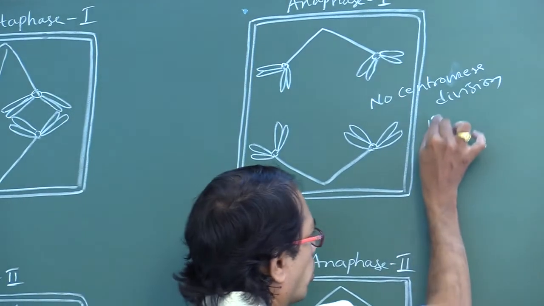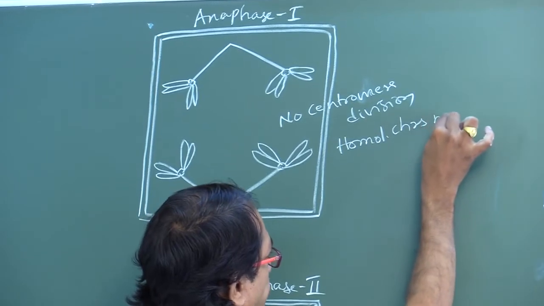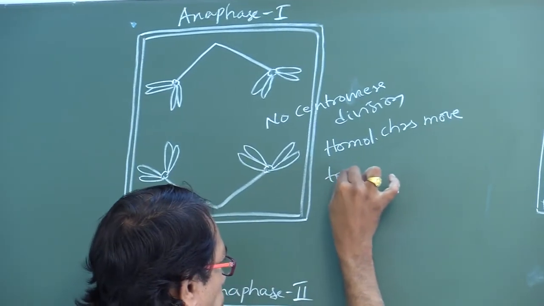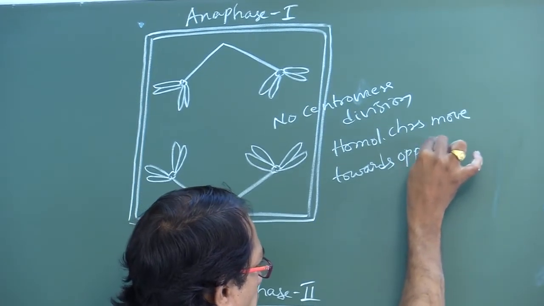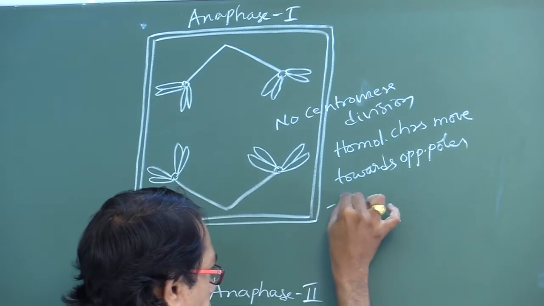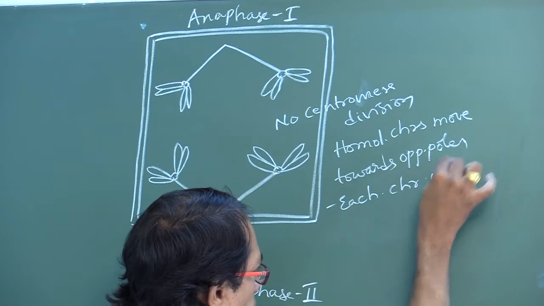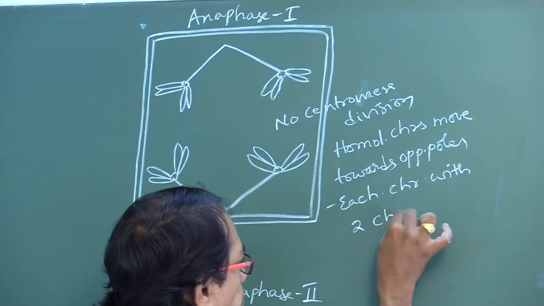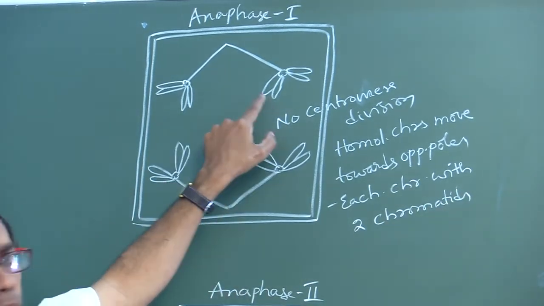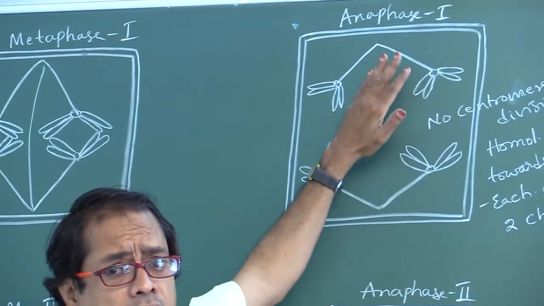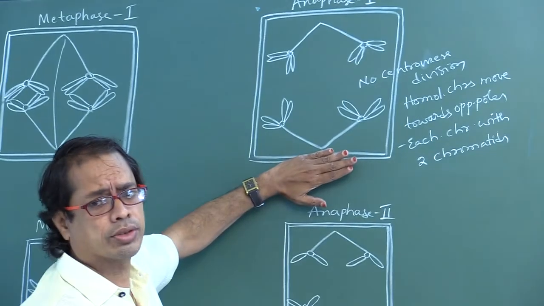Next one, homologous chromosomes move towards opposite poles. Next one, each chromosome with how many chromatids? 2 chromatids. In anaphase 1, the number of chromosomes, here 2 chromosomes, here 2 chromosomes, isn't it?